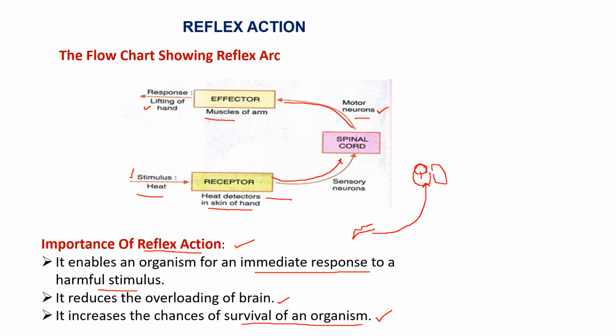And that will definitely take a lot of time. Before you think of something to do, you would have done more harm to your sense organs or your hand, let's take for example in this case, right? So that is why reflex action is very important, right?